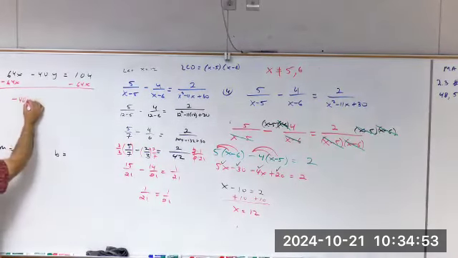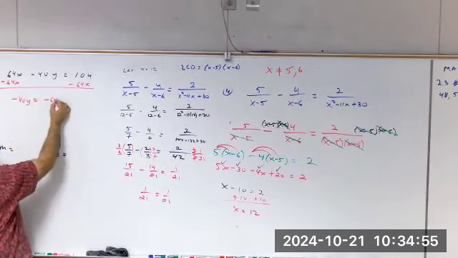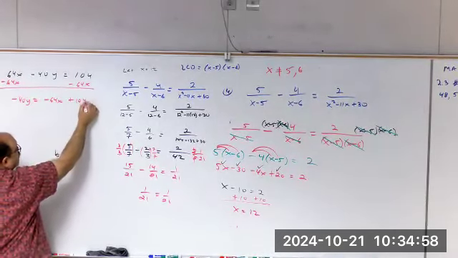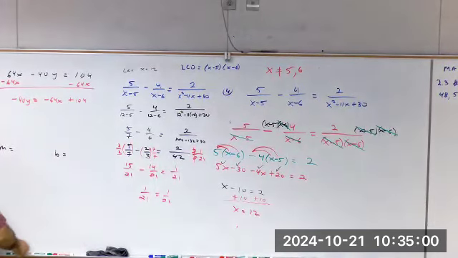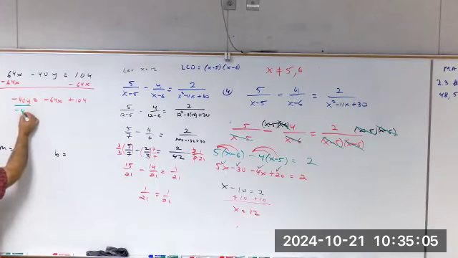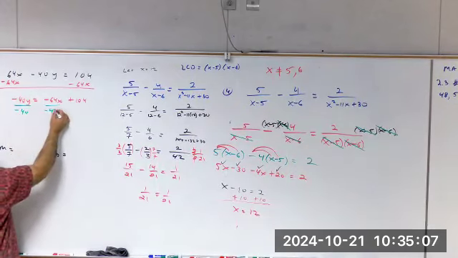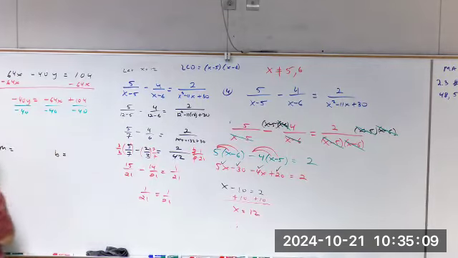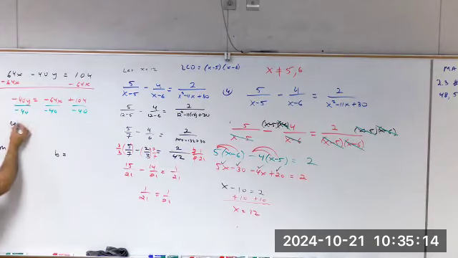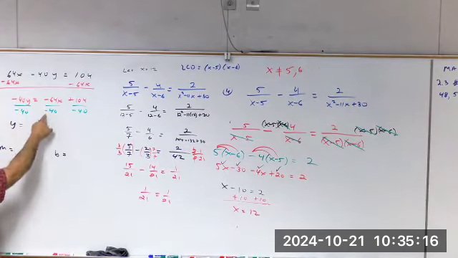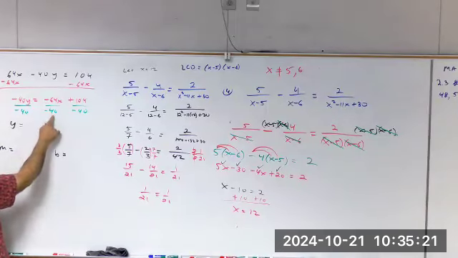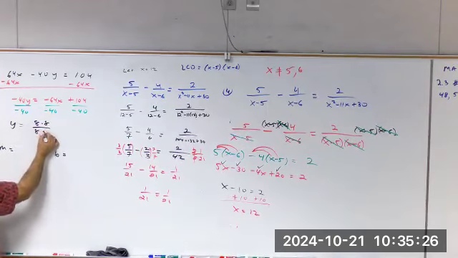Negative 40y equals negative 64x plus 104. And then we divide each one by negative 40. So that positive y equals, a negative over a negative is going to be a positive. And a common factor of 64 and 40 is 8. This is 8 times 8 over 8 times 5.